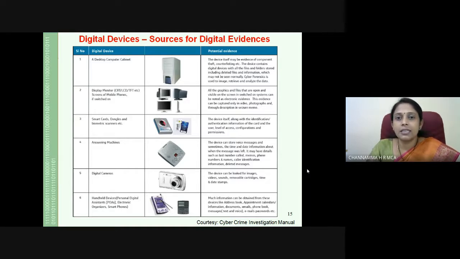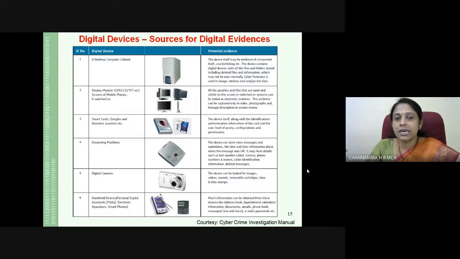Other sources are display monitors, like computer display monitors, or any other LCD or CRT monitors. That will also become digital evidence. Though sometimes it may not have digital storage, the model number, what type of device it is, and who the manufacturer is will also be digital evidence.